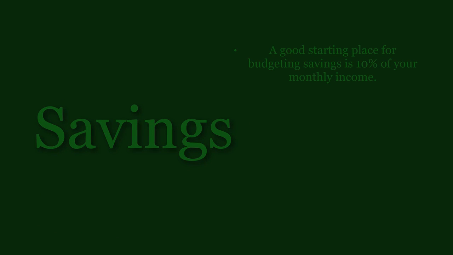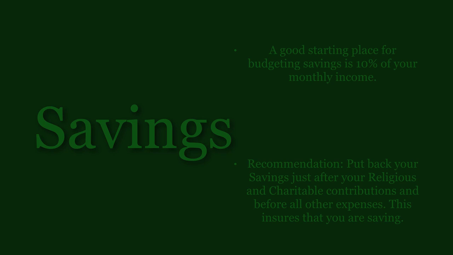Now, our savings, a good starting place for budgeting savings is 10% of your monthly income. Again, with the religious tithing and things like that, it's usually 10%. This is 10%. I usually equal the same in both areas. My recommendation is to put back the amount that you are saving just after you pay your religious and charitable contributions and before you pay your other expenses.